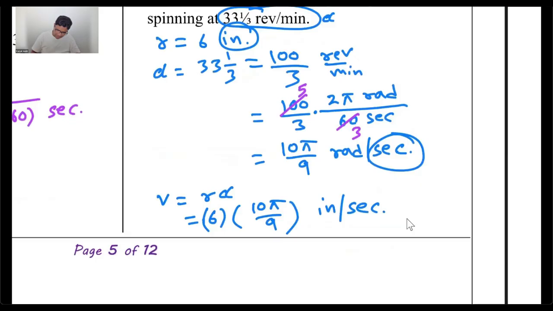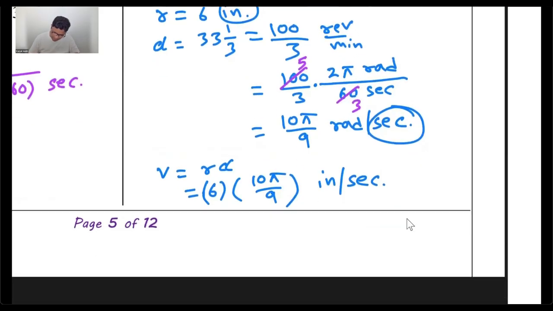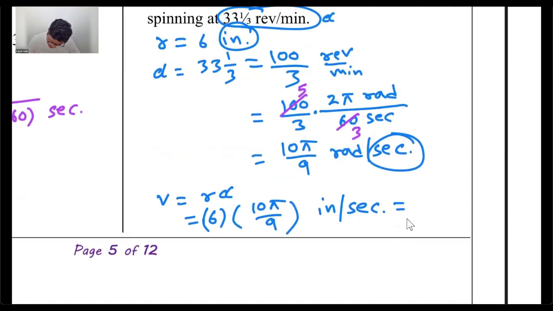And pay attention here carefully. You cancel the 6 and 9, 2 times and 3 times, so 20 pi over 3 is the value. Inches is inches. That second you have to convert to minutes, right? 1 over 60 minutes.